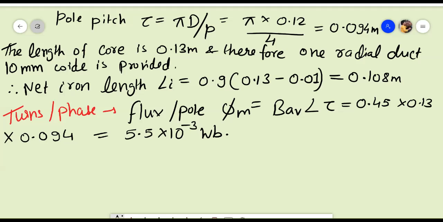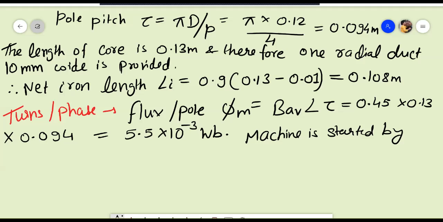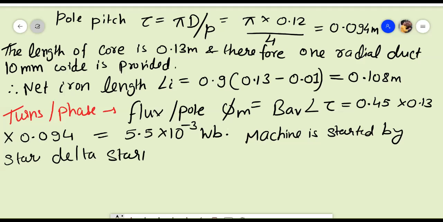Now we know that the machine is started by star delta starter. So we have to design for delta connection.